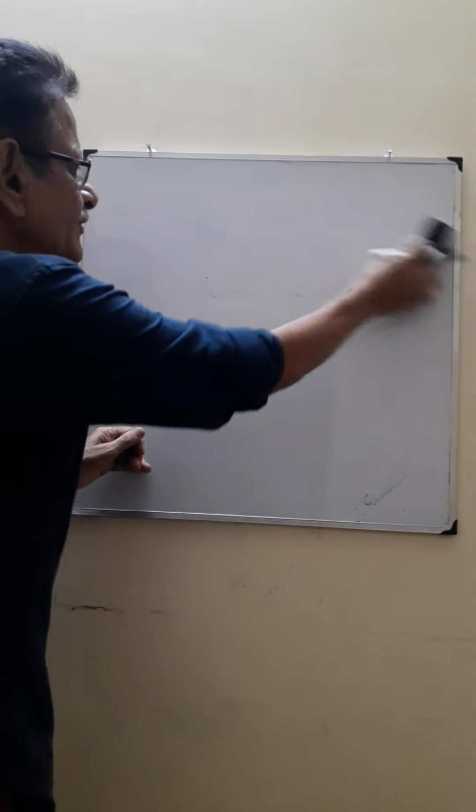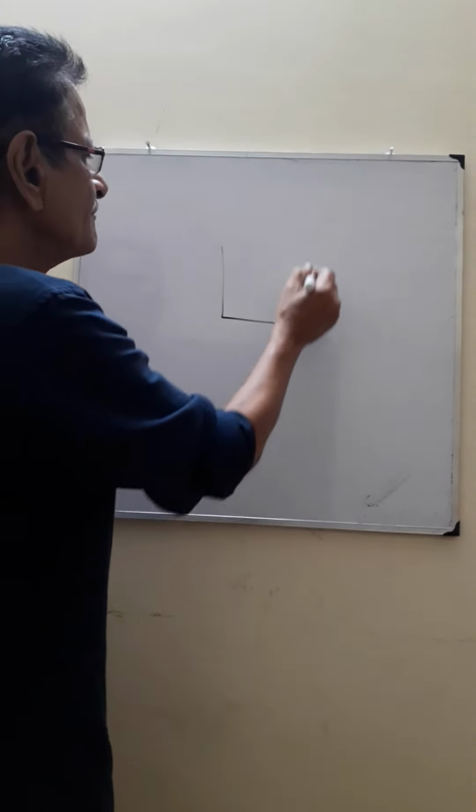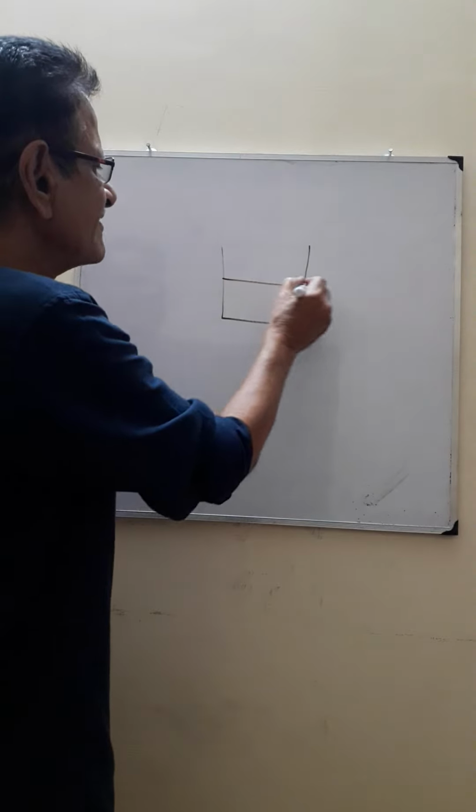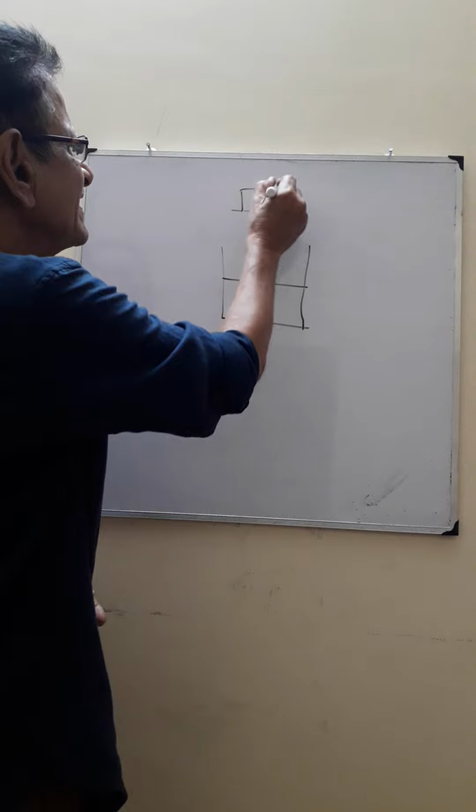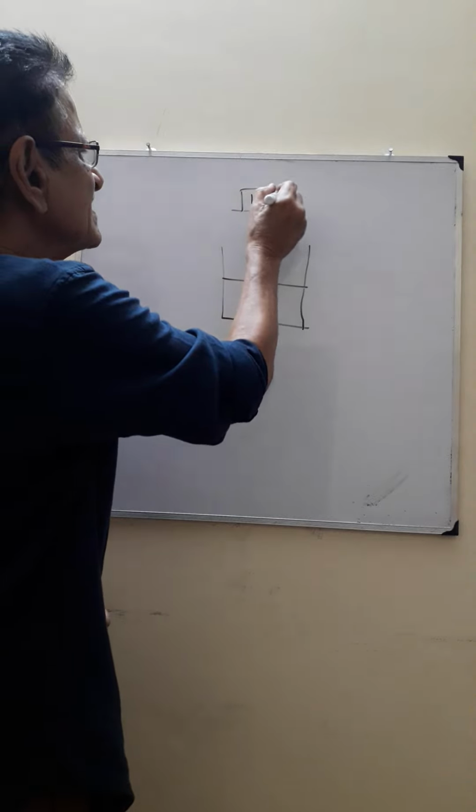Now I'll try to explain to you a reversible process. I'll take an example of a piston and cylinder arrangement. Here there is a 10 kg weight.